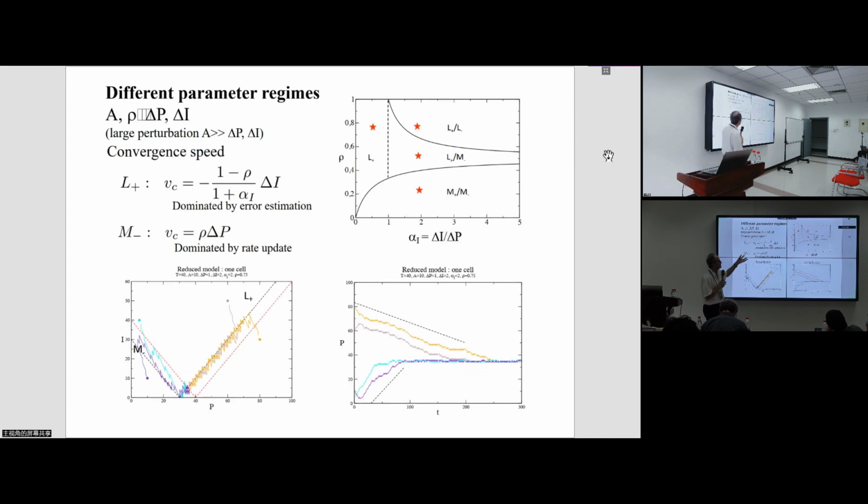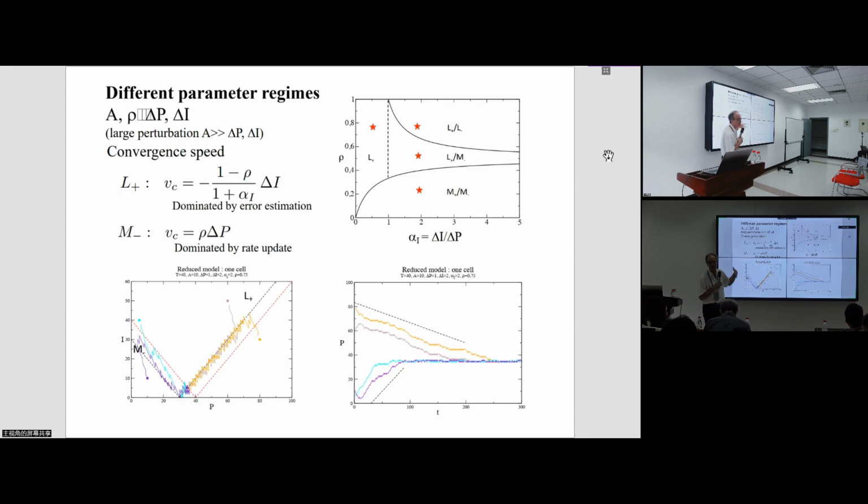There are several parameters: what is the frequency at which you perturb or not, what is the size of the perturbation, and also your steps in refining your error and changing the firing rate of your cell. So you have 4 parameters in this case, and depending on the parameter, you can either go down along one of these lines or the other.